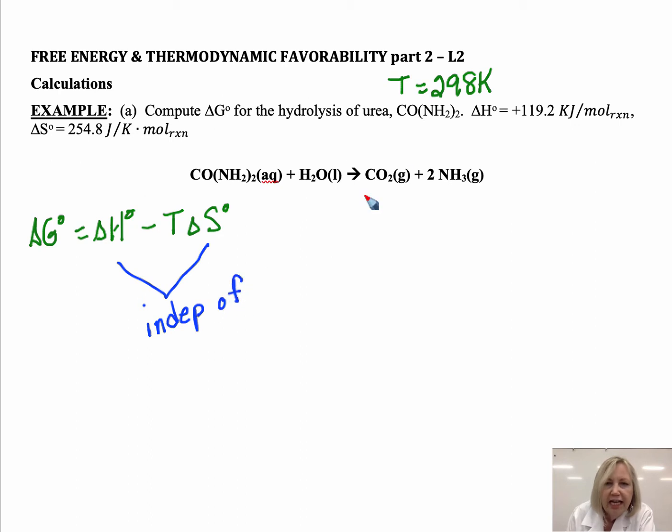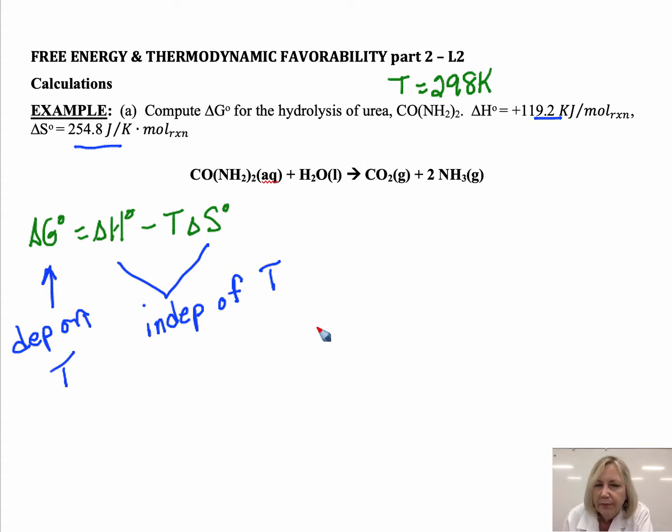So I could change that temperature and these values would remain the same. Now, clearly, delta G is dependent on temperature. So the question may not state that you should assume the enthalpy and entropy are temperature independent, but that's being assumed in the context of the question.